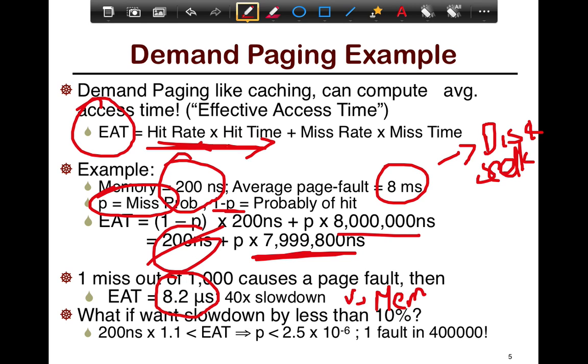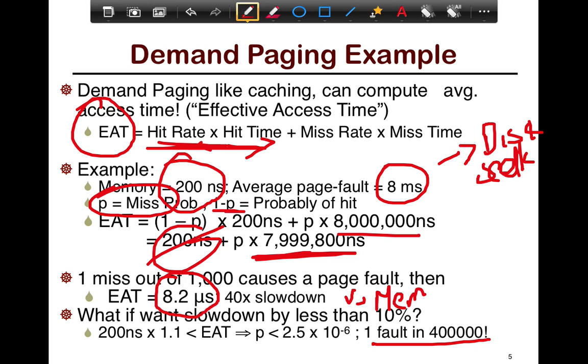So the question is, let's work backward and say I want a slowdown of only 10%. Then essentially the probability would work out to something like 1 fault in 400,000. This is the important challenge of demand paging and page replacement algorithms in general. You cannot err on the wrong side. You can always replace a page that's less important, that's okay.